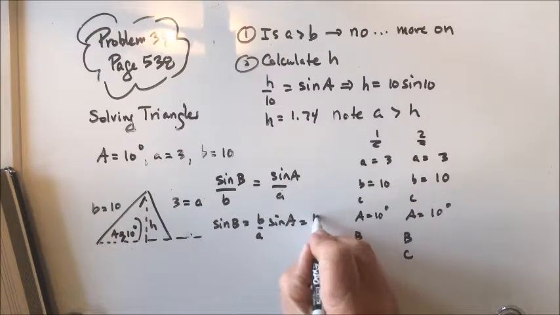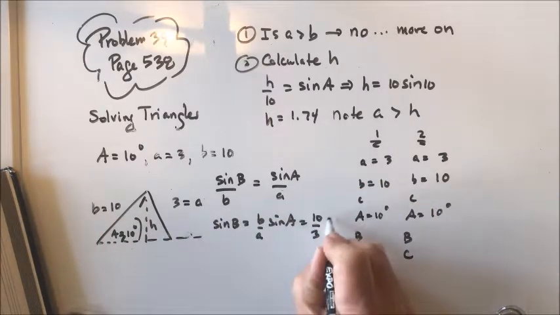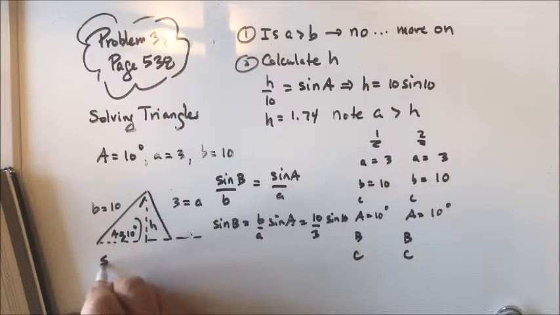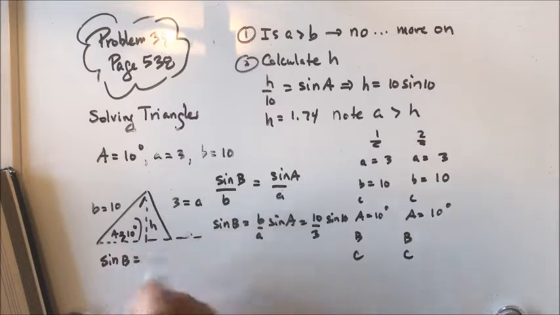B is 10, A is 3, sine A is sine of 10 degrees, and so sine B is going to be equal to sine of 10 degrees times 10 divided by 3.